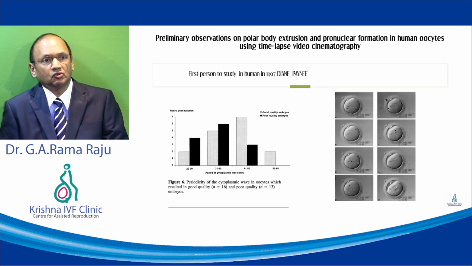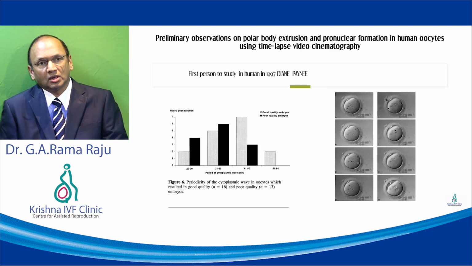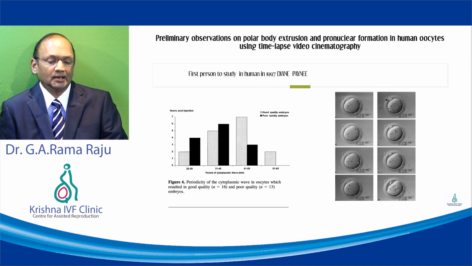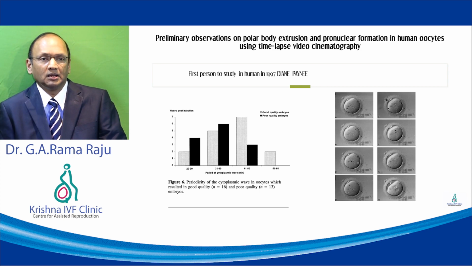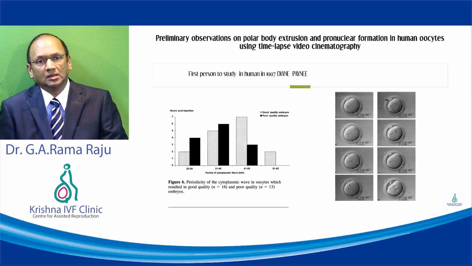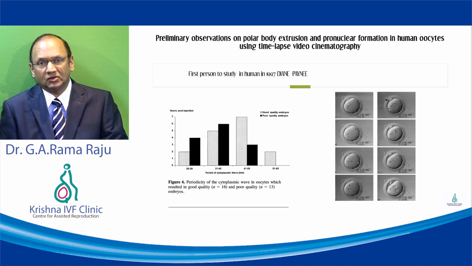But when it comes to human studies, it took many years. The first work was done by Diane Payne in 1997, where she used an incubator with a single inverted microscope and studied 50 oocytes. She studied the cytoplasmic wave pattern and the appearance and disappearance of the pronuclei, and said that these will be the predictors.